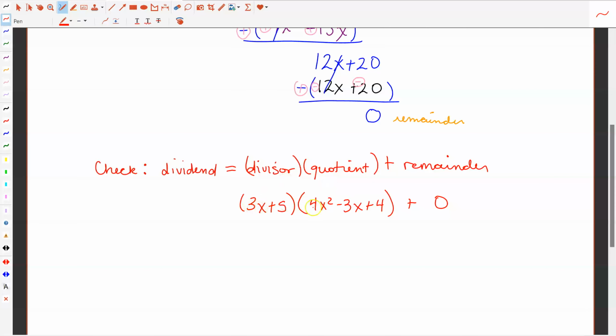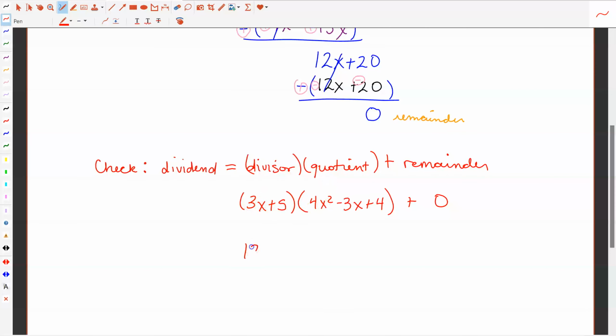So 3x times 4x squared is 12x cubed. 3x times negative 3x is negative 9x squared. 3x times the positive 4 is going to be plus 12x, and that's my first set of distributions. Second set of distributions is 5 times 4x squared is going to be 20x squared.